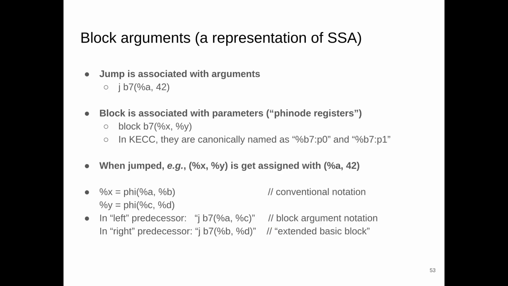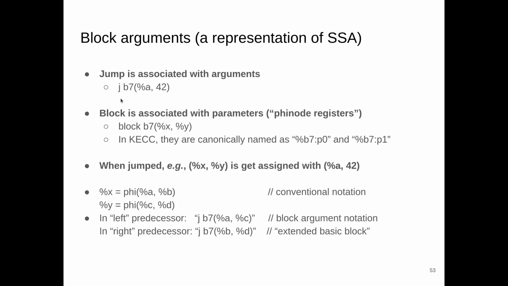So in KECC, we are going to represent these SSA registers using what is called block arguments, or extended basic blocks. In this representation, a jump is associated with arguments. We are going to jump to block 7, but previously we just annotated this jump with B7, for example, the block ID.